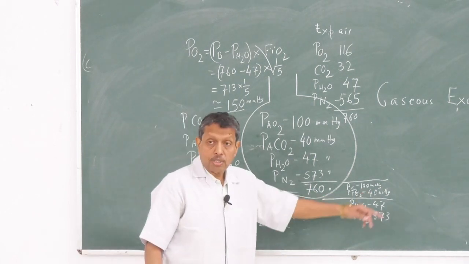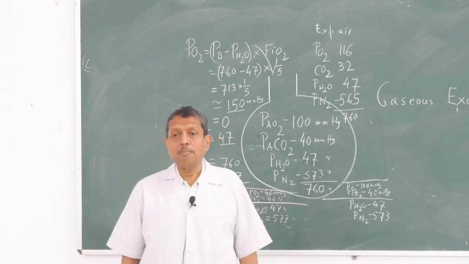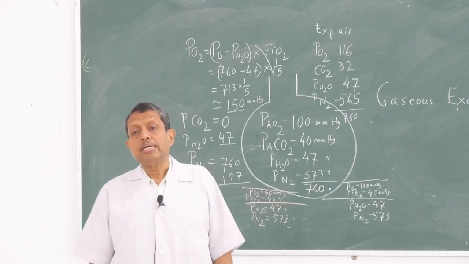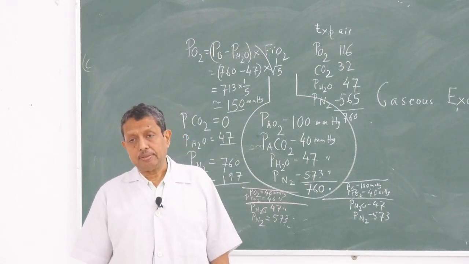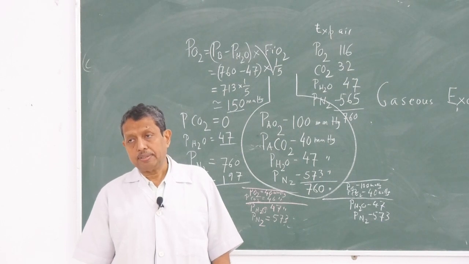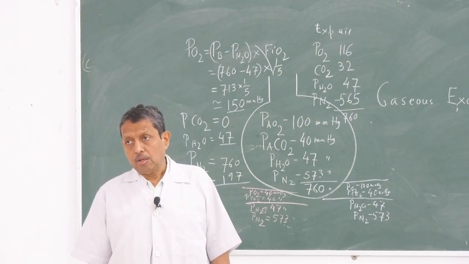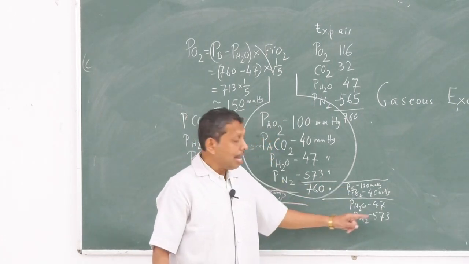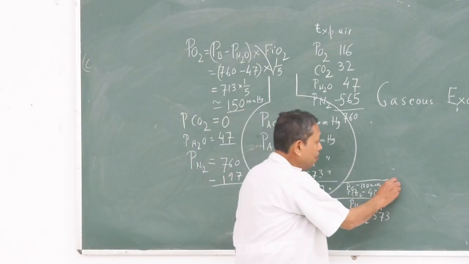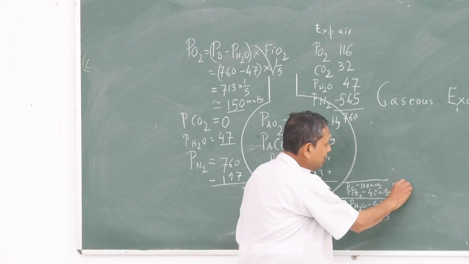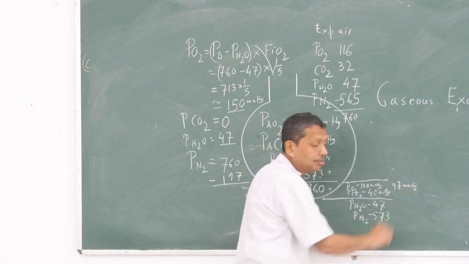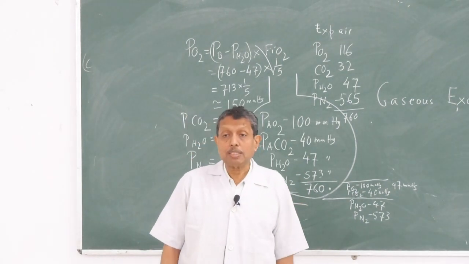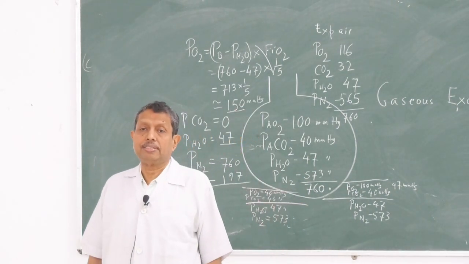Now when it goes to the arteries, there is some admixture with the venous blood, and saturation is never complete. Clear? And so when it leaves, the ideal value is, and in reality it is 97 millimeter of mercury. And there is some admixture with the venous blood, bronchial veins.